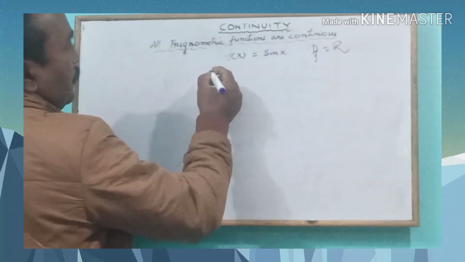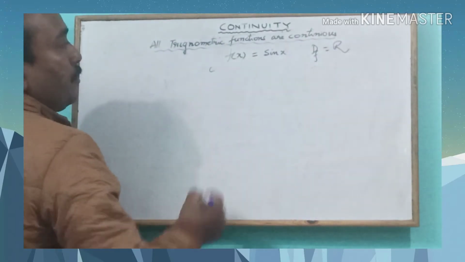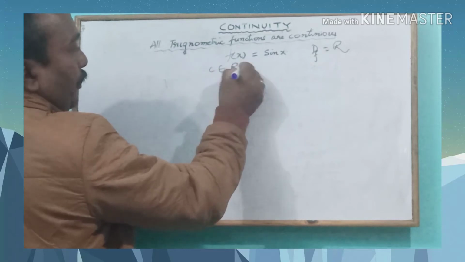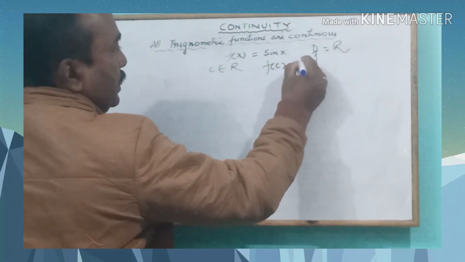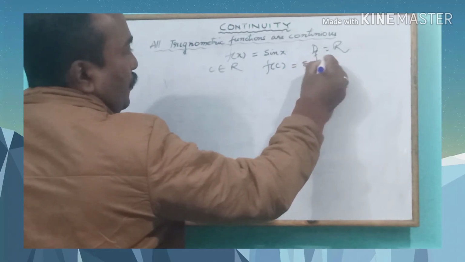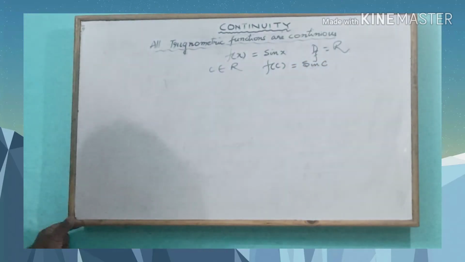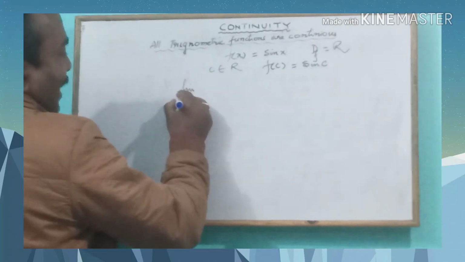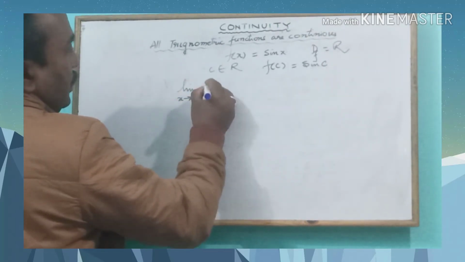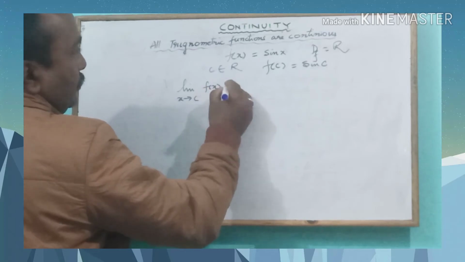Now, let us take a point c belonging to the domain of definition. Then f(c) is what? f(c) is obviously sin c. Now, limit x tends to c, f(x).